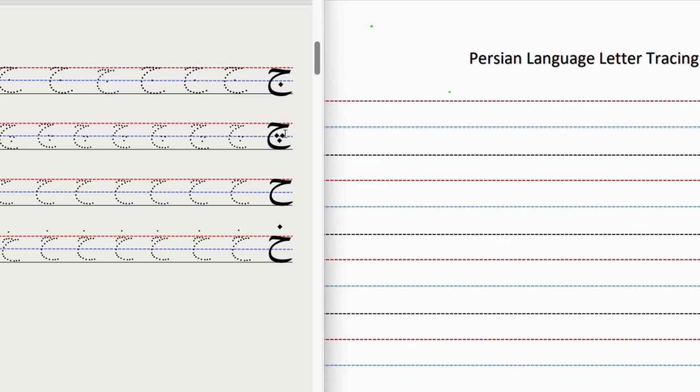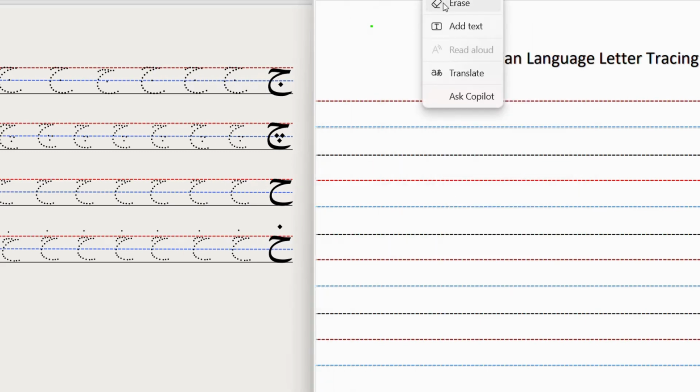If it has three dots, Ch. If it has one dot above, Kh, and if it has no dots, He. So how do you write these letters? Let's see how we can do them.